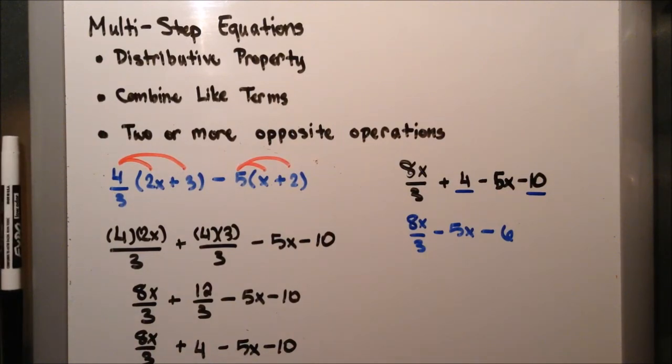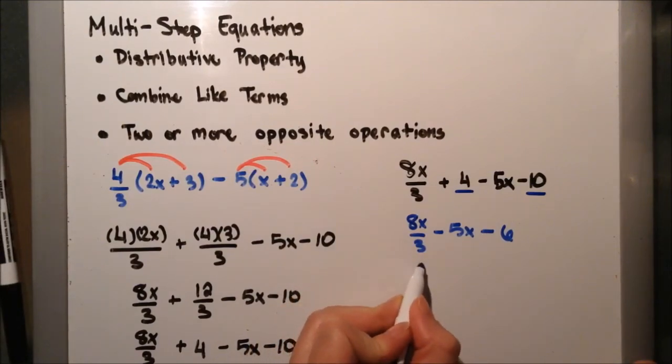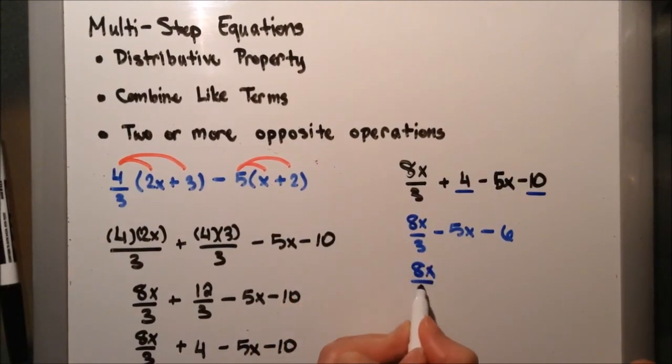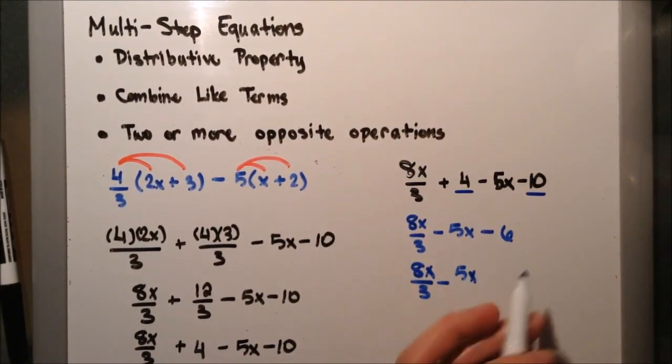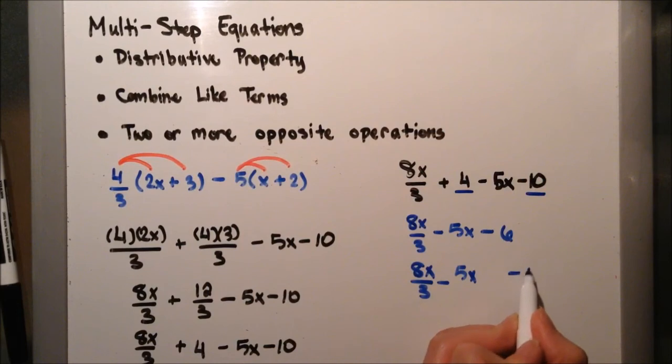But the problem is, we have a fraction, and we have a whole number. So when we need to combine with the fraction, the other part needs to be a fraction with the same denominator. So, I'm going to rewrite this. So 8x over 3 minus 5x, and bring the 6 over here.